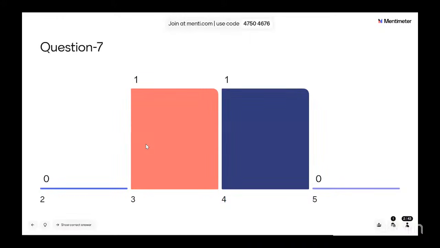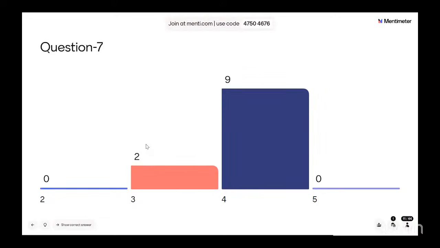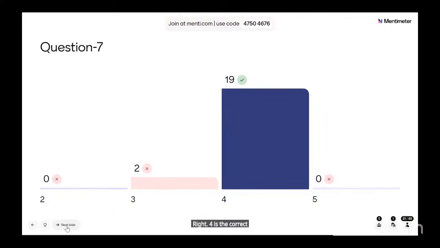You have to tell me the depth of that tree. Right. 4 is the correct answer here.